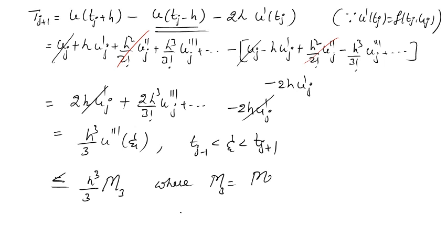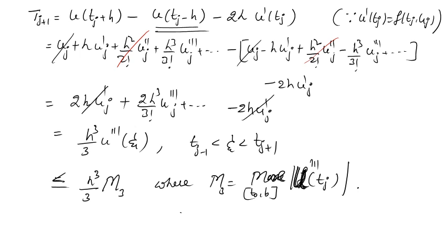M3 is maximum over t naught comma b of modulus of u triple dash tj.